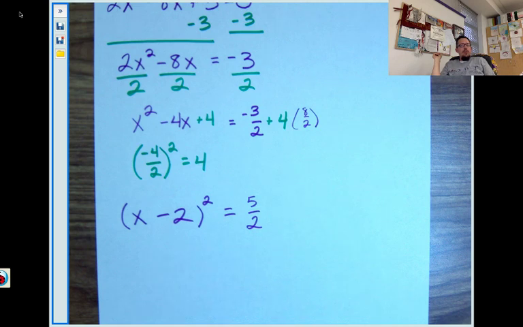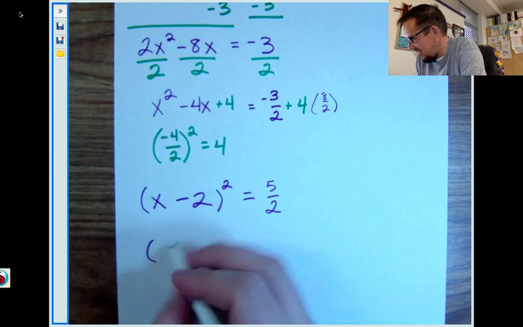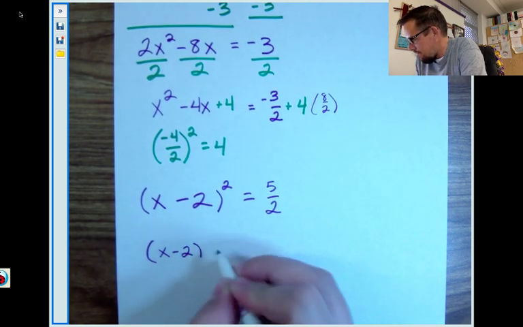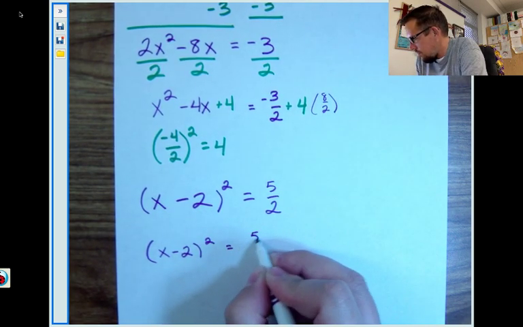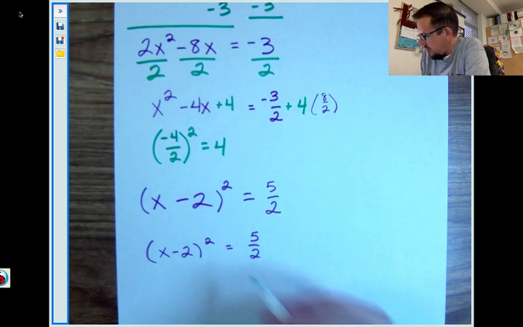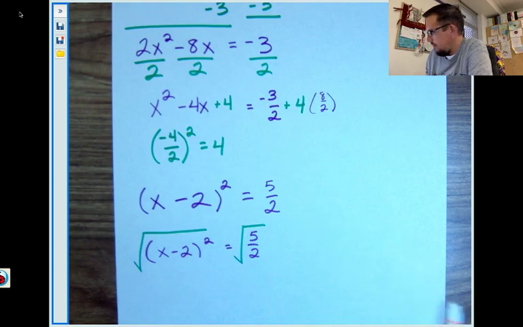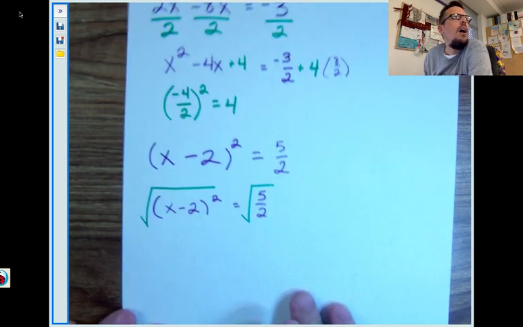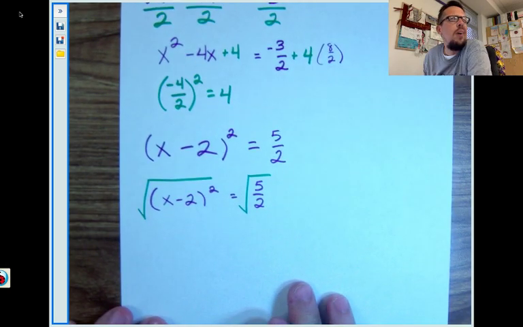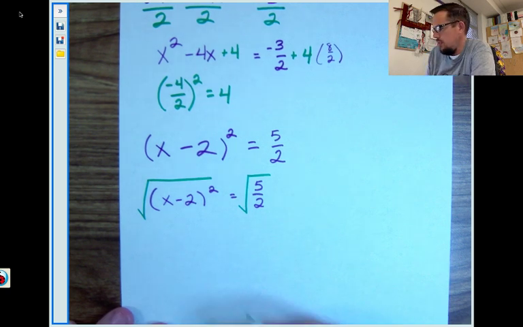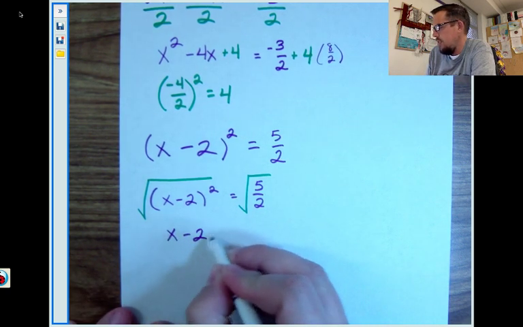Not yet, because I haven't square rooted yet. But hey, speaking of which, what should I do next? I should probably square root both sides. That seems like a good plan. So square root this side, square root that side. X minus 2 squared square rooted is x minus 2. Great.